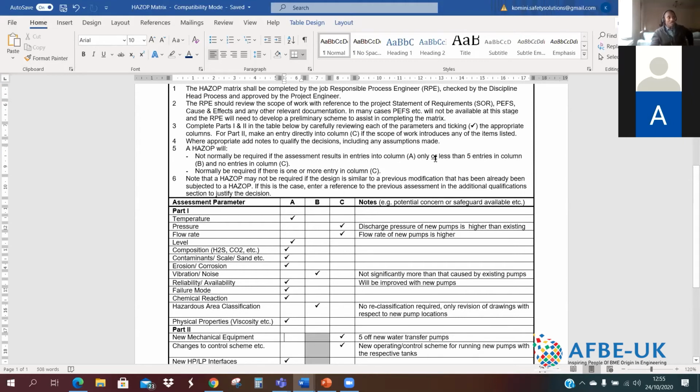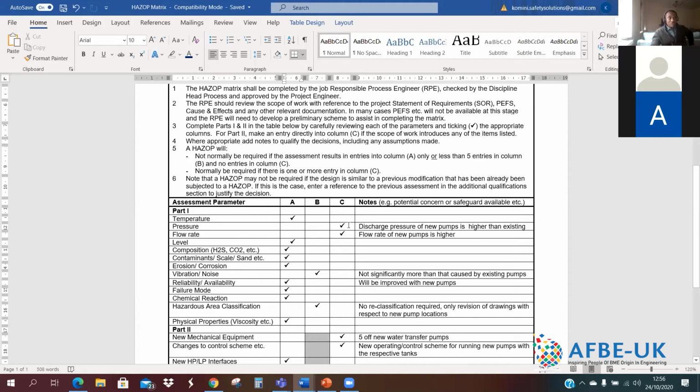If you've got 5 or fewer entries in column B, you will not need to do a HAZOP. Obviously, if things are changing, but within design limits, and you have 5 of those or less, you probably won't need to do a HAZOP. But if you've got more than 5 of such changes, you do a HAZOP.